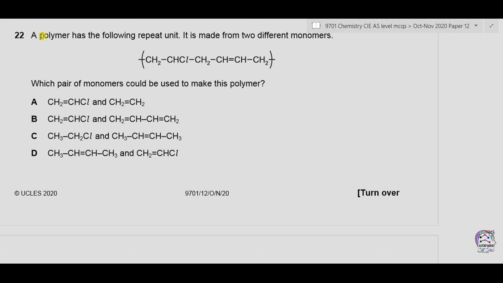Question 22. A polymer has the following repeat unit. It is made from 2 different monomers. This is the repeat unit of polymer. Which pair of monomers could be used to make this polymer? In A we have 2 carbon alkene with chlorine atom and 2 carbon ethene. We can make the polymer. Addition polymerization will occur and double bond is converted into single bonds.